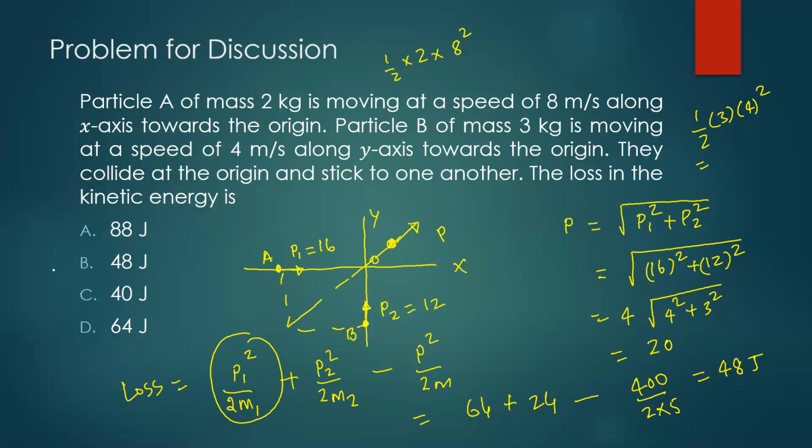So maybe some calculation. That's it. The loss in kinetic energy, I just did p squared by 2m. Sometimes what happens, I have seen this, we are happy with part of the answer.